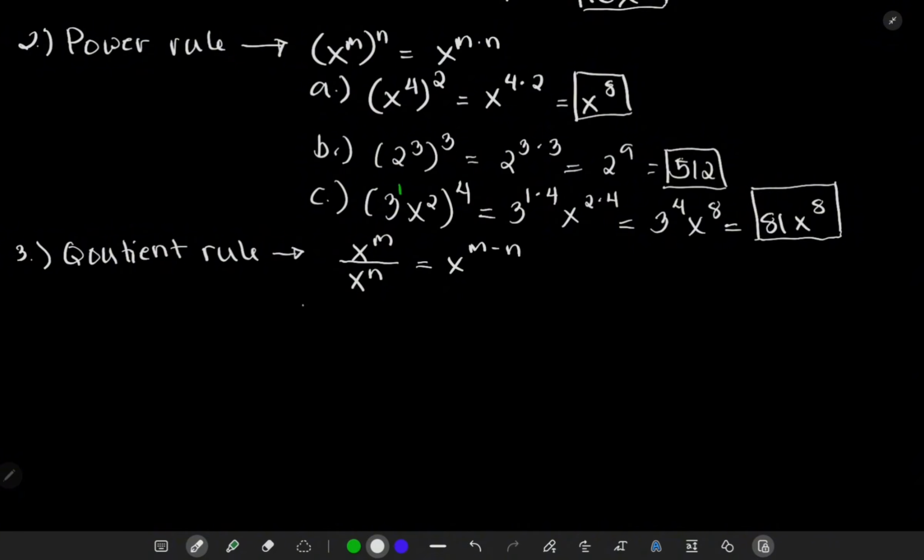So for example, let's say if we have x raised to 6 all over x raised to 4. So first, let's copy the common base. So that is x. Then let's subtract the exponent. So we have x squared.